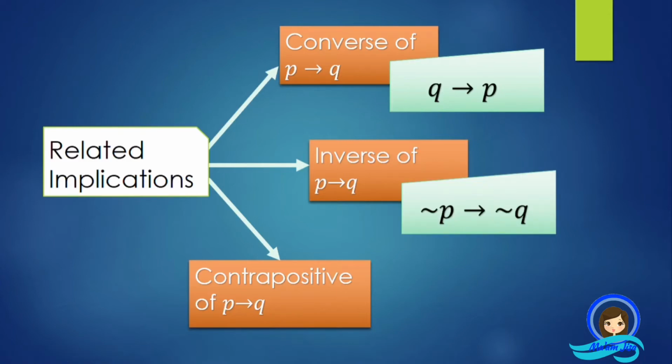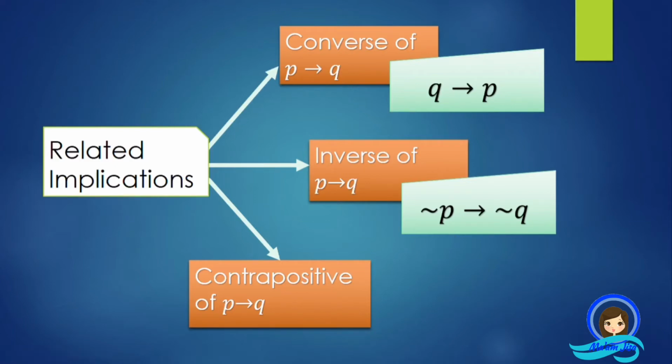For the inverse of a conditional, you just have to negate the two propositions. So from P implies Q, you will make it as not P implies not Q. And how to negate it? You just have to add the word not in the statement.